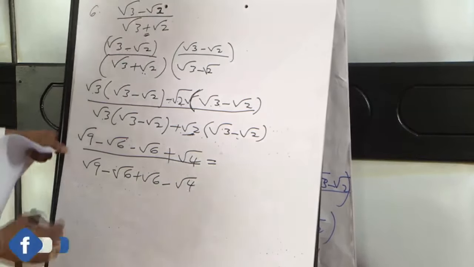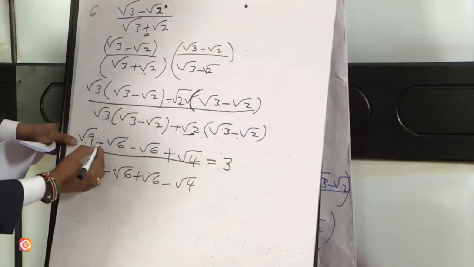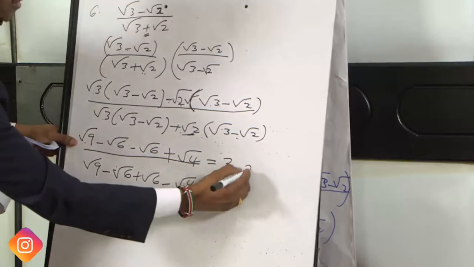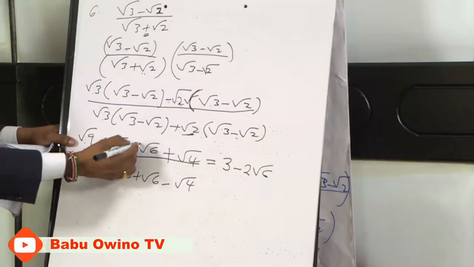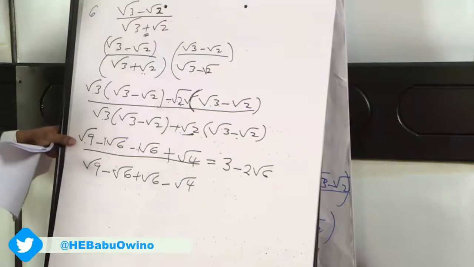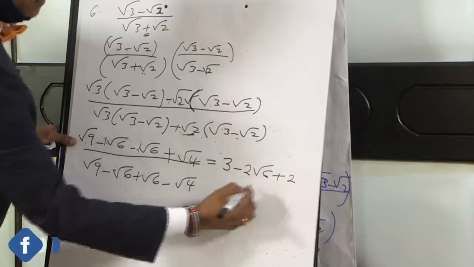What do we get from here? Root 9 is 3. Minus root 6 minus root 6 is minus 2 root 6. You just pick the coefficients, which are 1 and 1, add them, then maintain root 6. Then plus root 4, square root of 4 is 2.